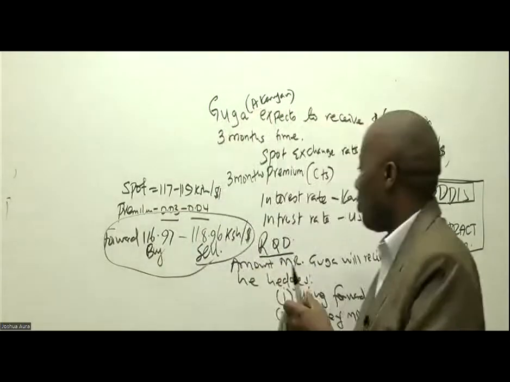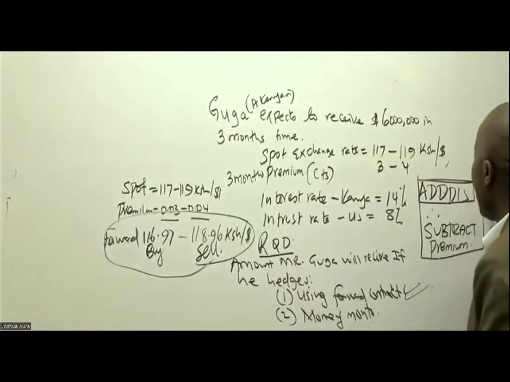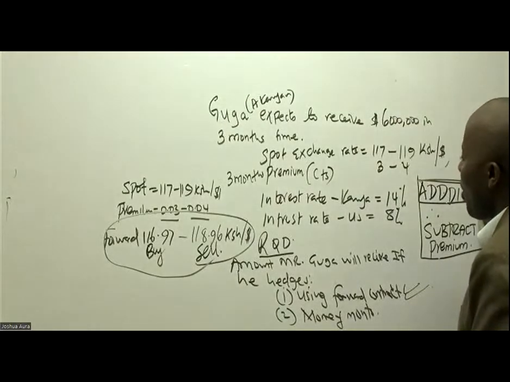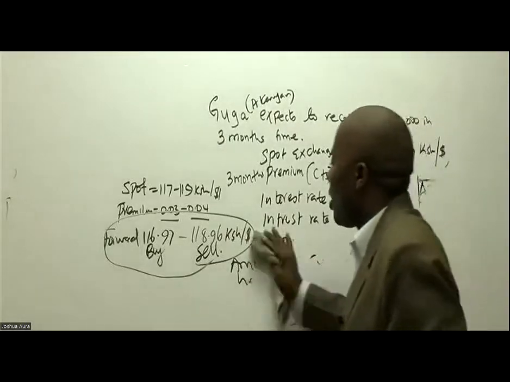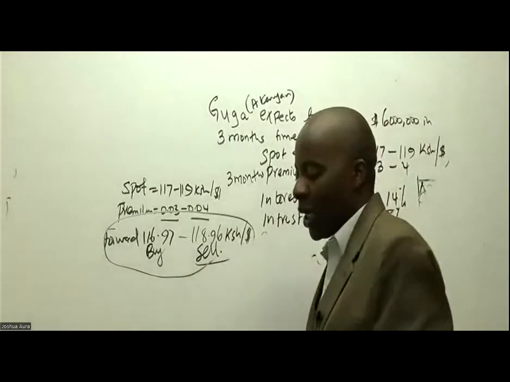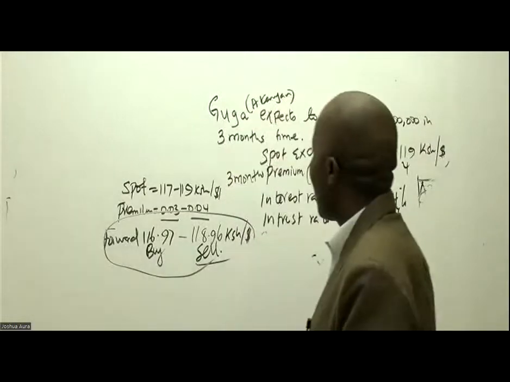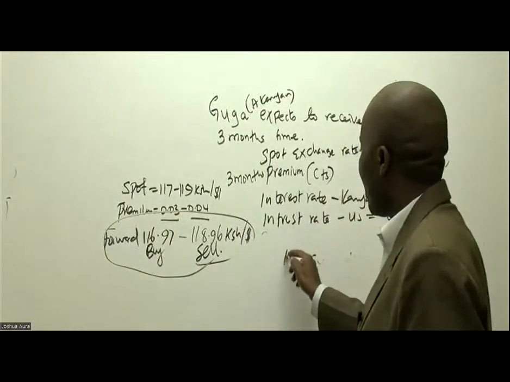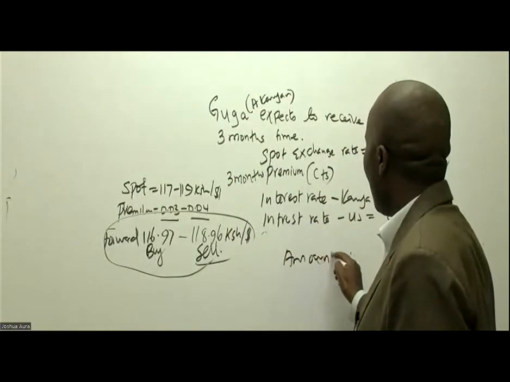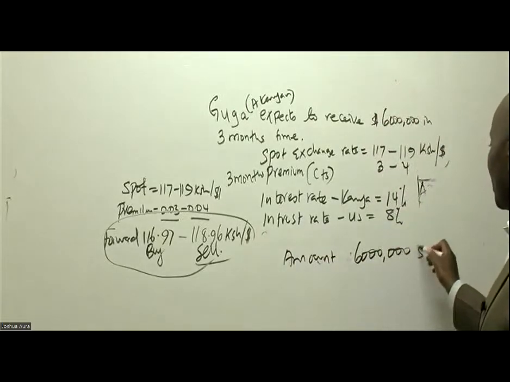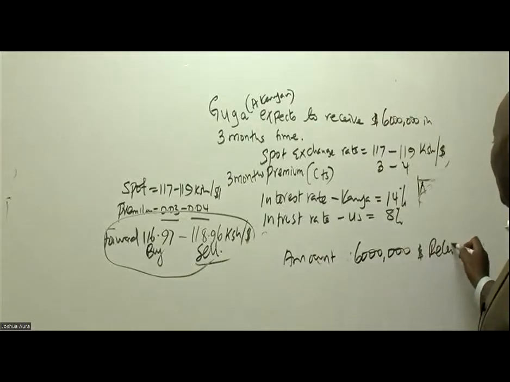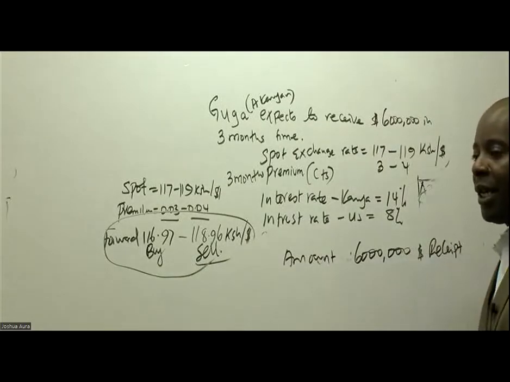Now, ladies and gentlemen, when it comes to a forward contract, I need two things. Number one, the amount. The amount in this case is $6 million, which happens to be a receivable or a receipt.